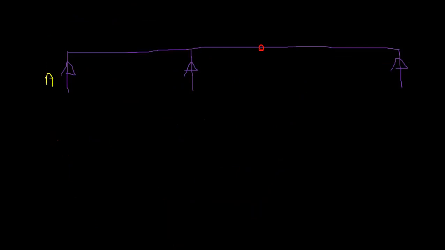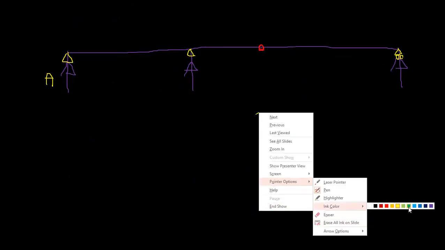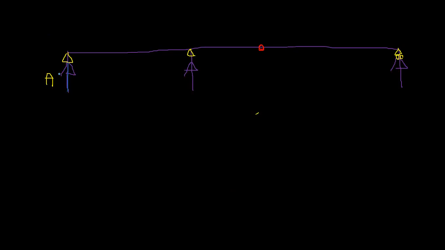Support A. So you can determine if this is, let's say, a pin support and a roller. Since there is no horizontal loading, you can approximate the horizontal reactions as 0, right? So it will only have a vertical reaction, similar to a roller support, right?